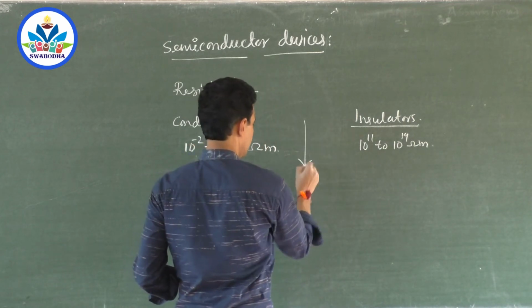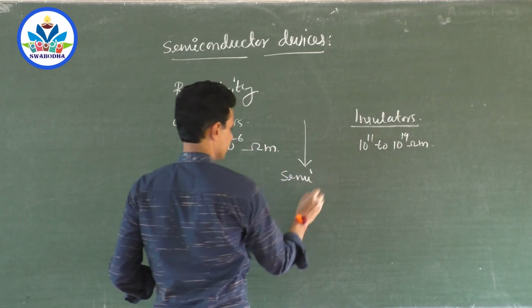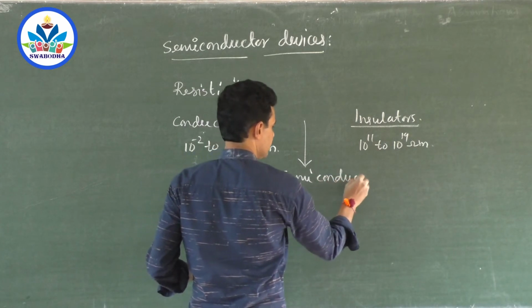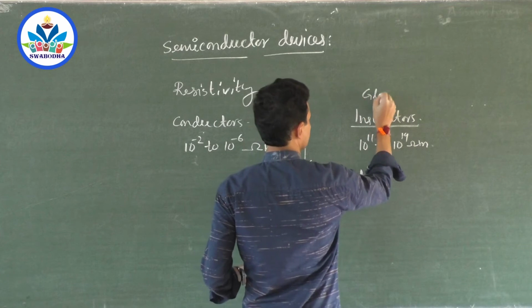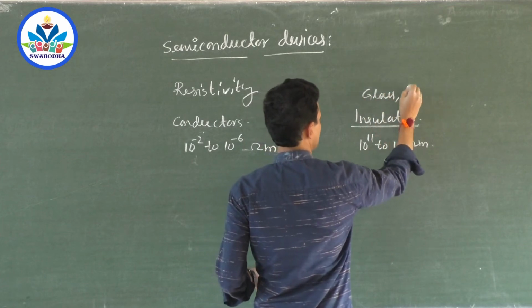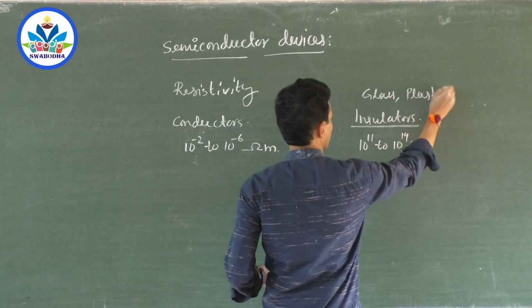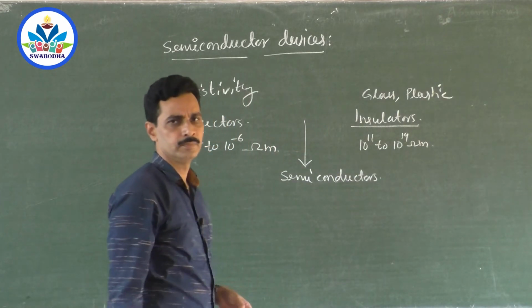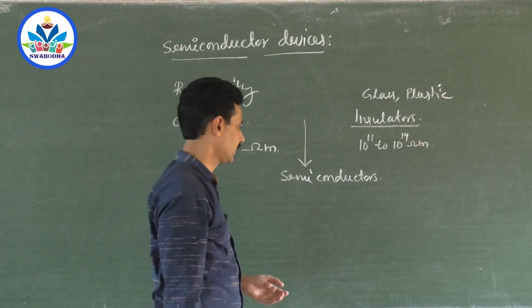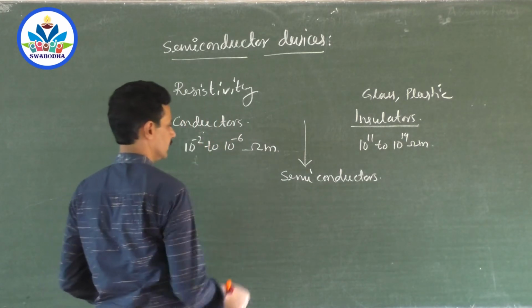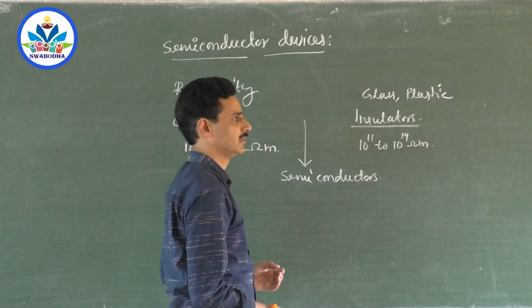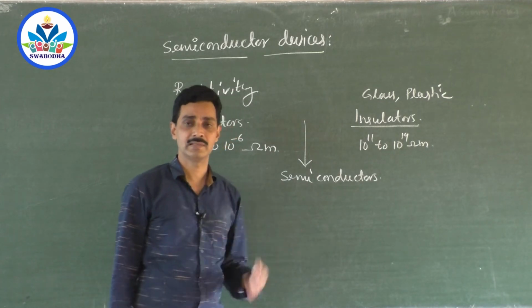Here come the materials which are called semiconductors. Here you can write glass, cotton, plastic, or things like dry wood. They are all insulators. And here you can write copper, silver and so on. Semiconductors are the materials which have their conducting property between conductors and insulators.